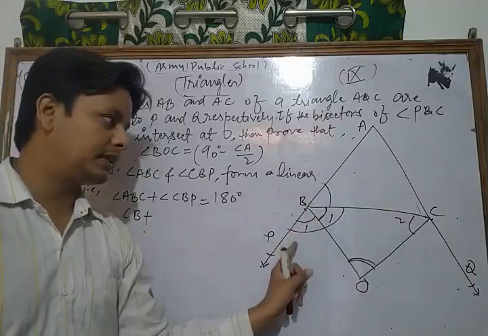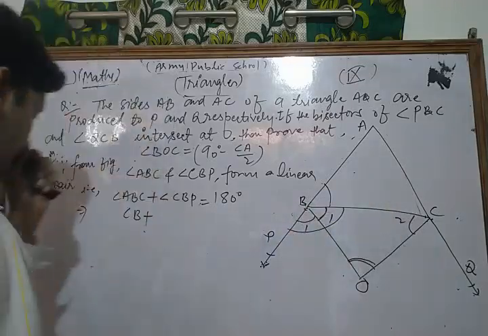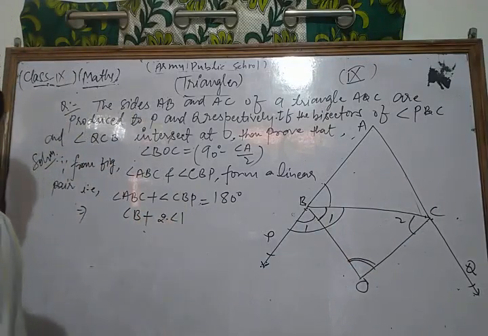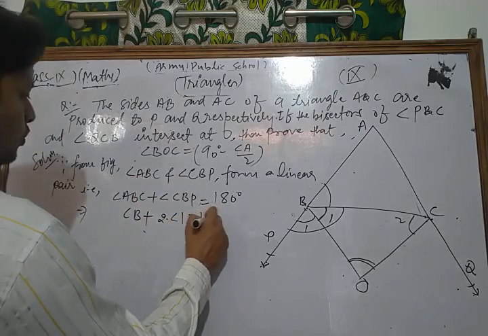So angle CBP is equal to 2 times angle 1. We can write angle B plus 2 times angle 1 is equal to 180 degrees.